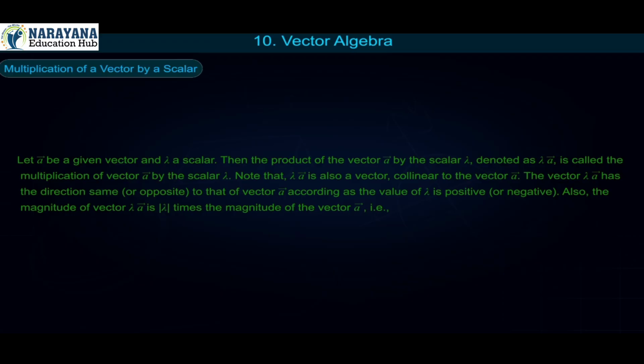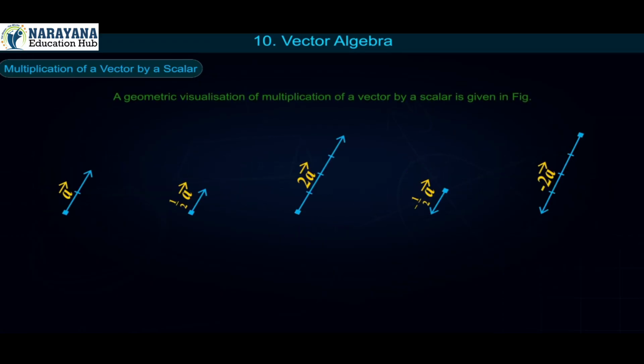The vector lambda a has the direction same or opposite to that of vector a, according as the value of lambda is positive or negative. Also, the magnitude of lambda a is modulus lambda times the magnitude of vector a. That is, |lambda a| = |lambda| |a|. A geometric visualization of multiplication of a vector by a scalar is given in the figure.